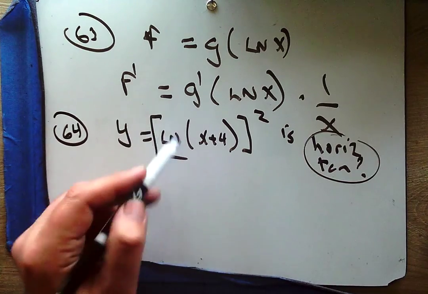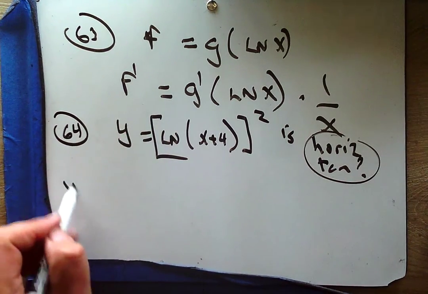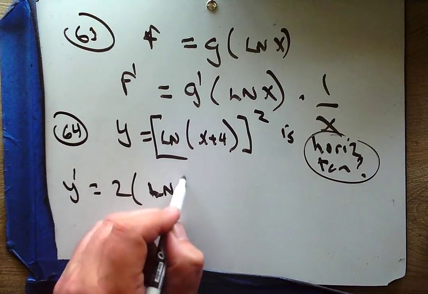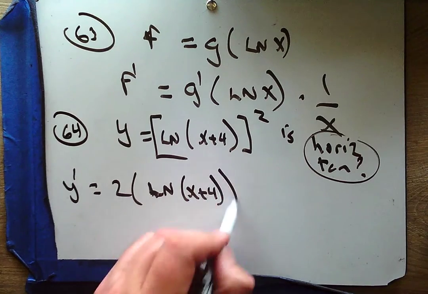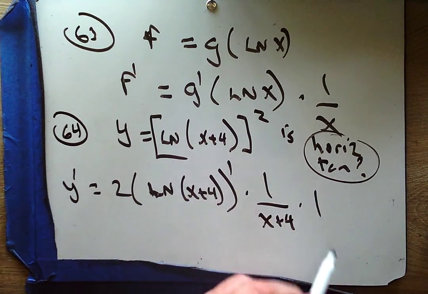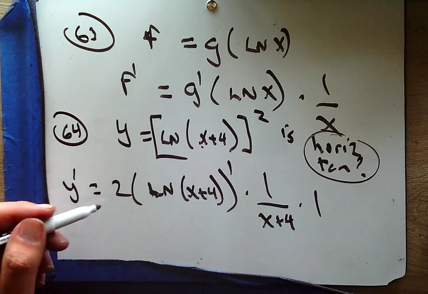So what I'm really wondering is, when is this derivative equal to 0? Well, let's find the derivative. Y prime equals 2 ln(x plus 4) to the 1 times 1 over stuff times the derivative of x plus 4, which is 1. Okay, so when is this equal to 0?